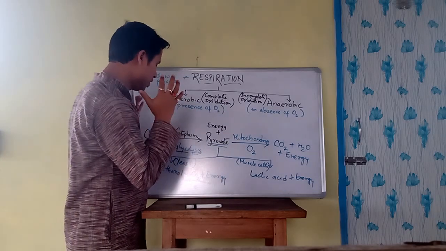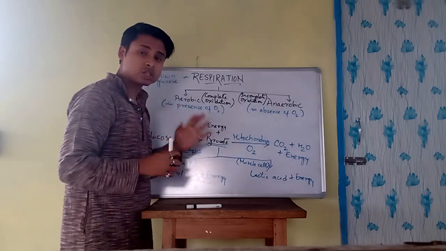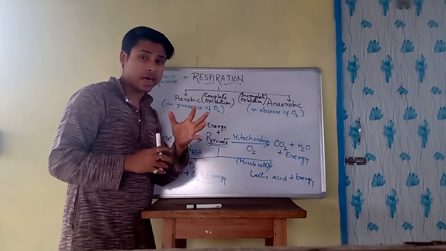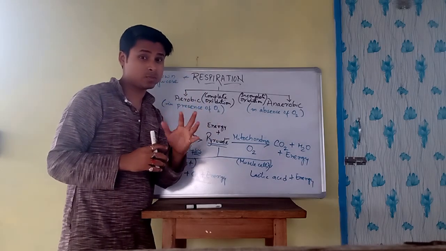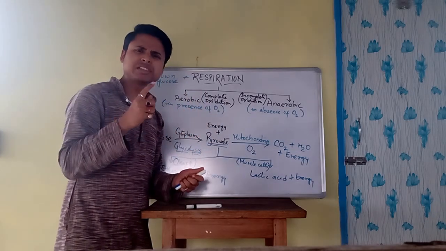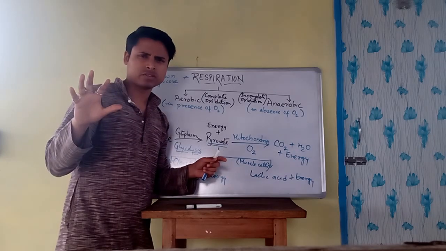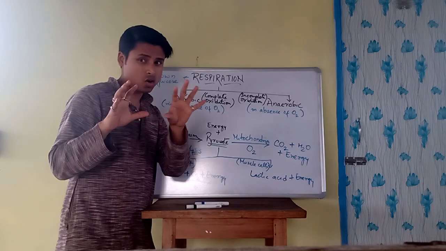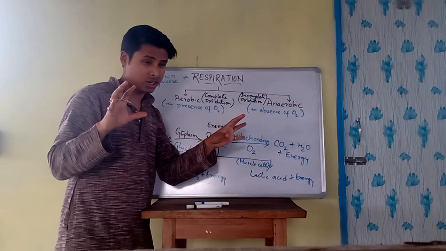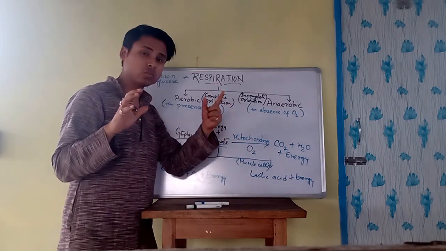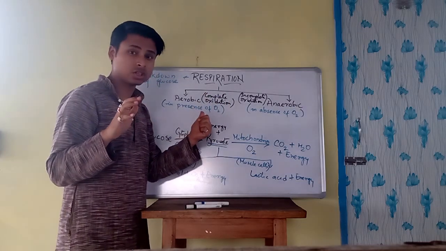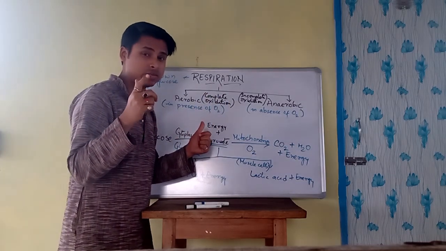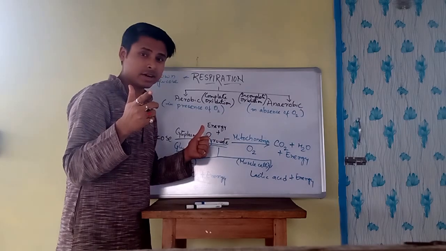So this is respiration, where glucose has to be broken down in absence or presence of oxygen. Clear? Breathing is another perspective. Without breathing, oxygen will not reach, and aerobic respiration will not occur. So we will see breathing. Let's see.